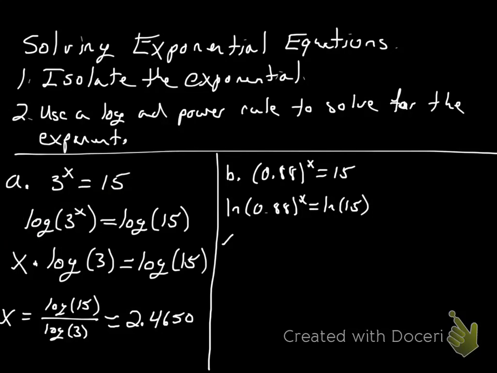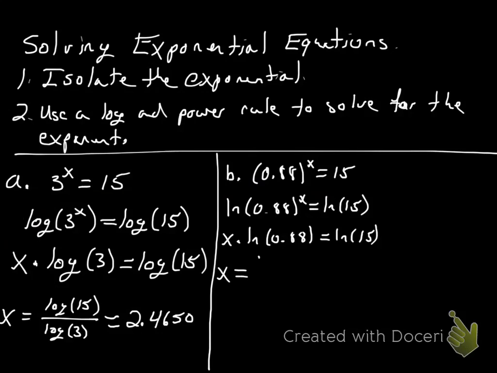If you're wondering, it doesn't matter if I write the x on the inside or on the outside, as you see I have it there. The notation is understood both ways. Alright, we're going to use the power rule to bring this exponent down. So ln of 0.88 is just a number, ln of 15 is just a number.